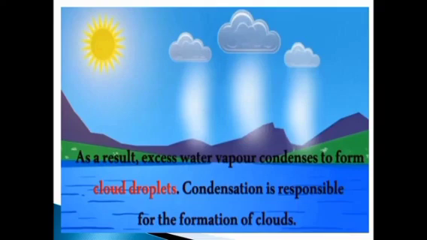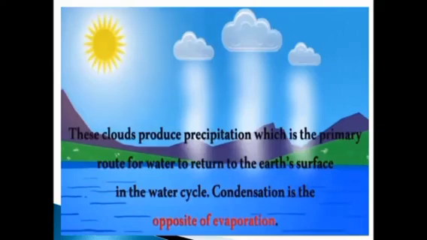The evaporated water vapor will cool down and form clouds. These clouds produce precipitation, which is the primary route for water to return to the earth's surface in the water cycle. So, condensation is the opposite of evaporation.